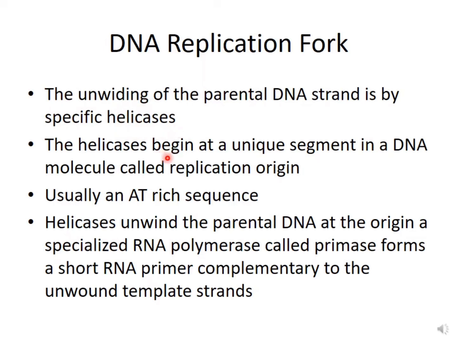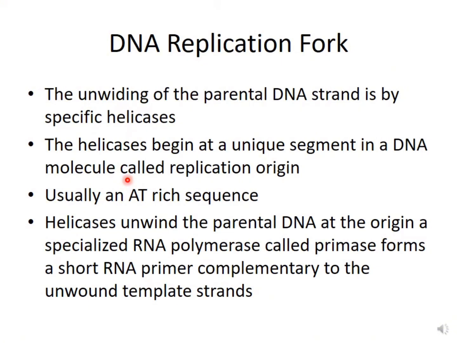Helicases always begin at a special unique segment of the DNA parental strand. These locations are called the replication origin. These origins are very rich in AT sequence, so not GC, AT. And the reason for that is to unwind double-stranded DNA, as we mentioned before, we need to melt the DNA.